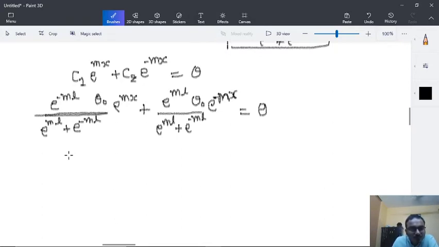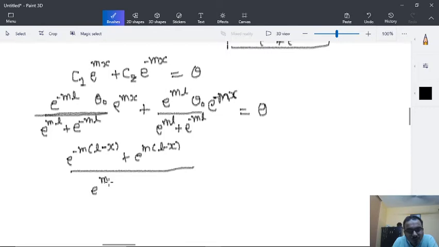So now here it will be like e raised to minus m(L minus x) plus e raised to m(L minus x) divided by e raised to mL plus e raised to minus mL is equal to theta upon theta 0.